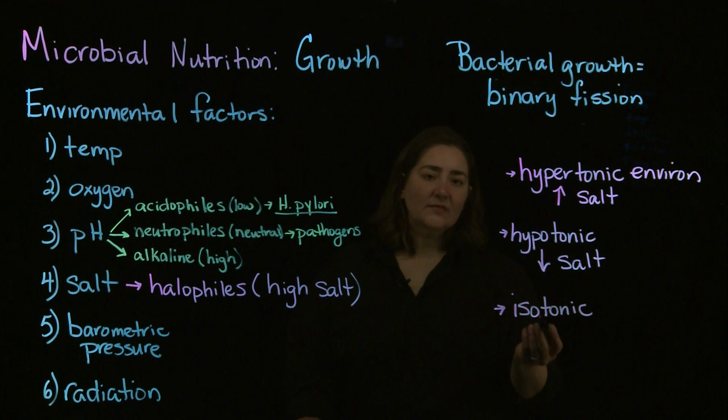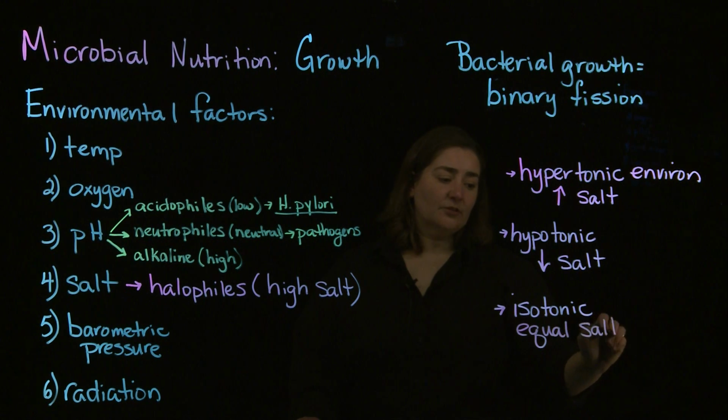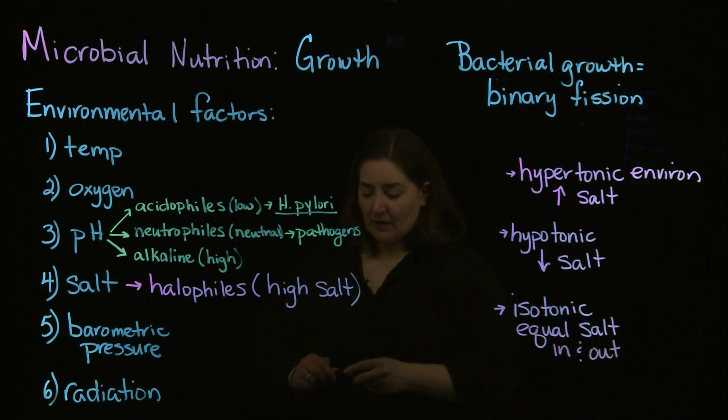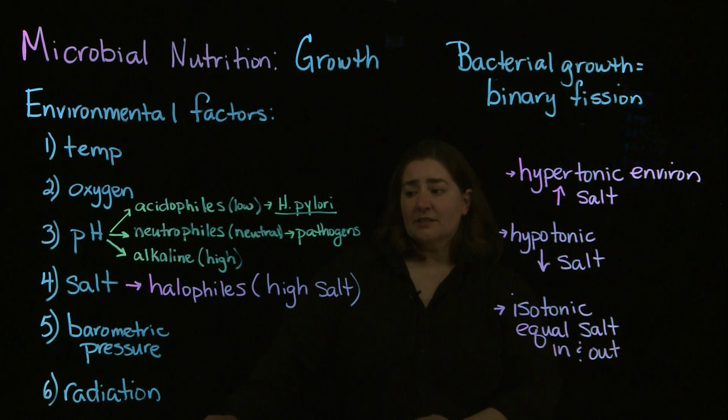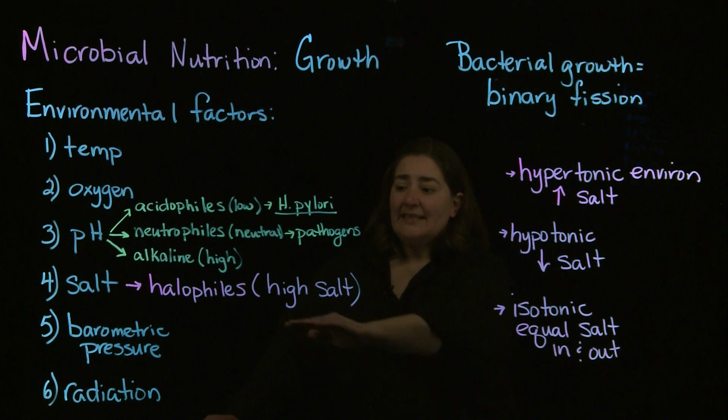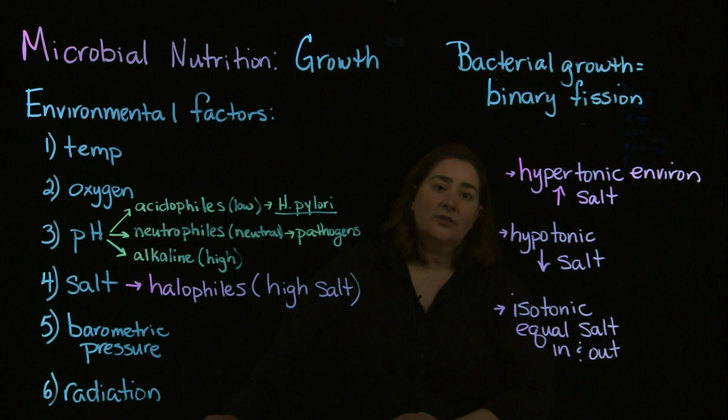Isotonic, you're going to have essentially equal salt requirements in and out of the cell, all right? So in terms of that, halophiles are the bacteria that live in high salt environments. These typically are not bacteria that are going to make you sick, all right?